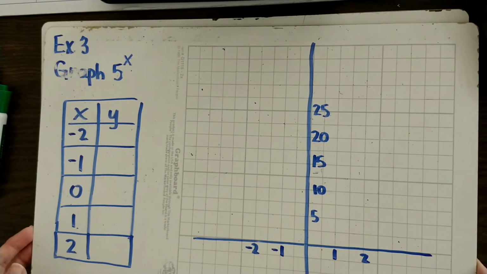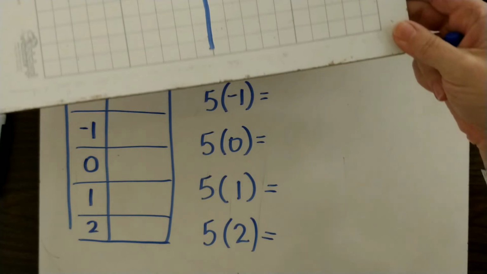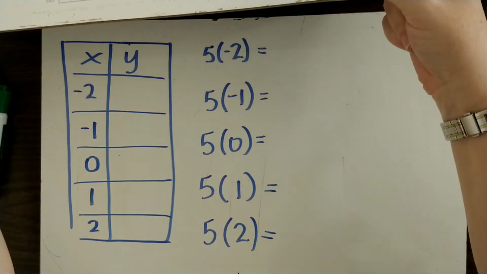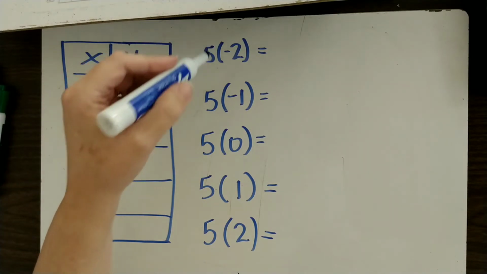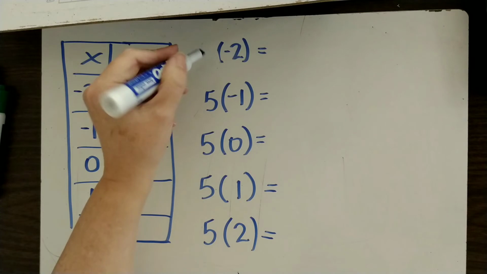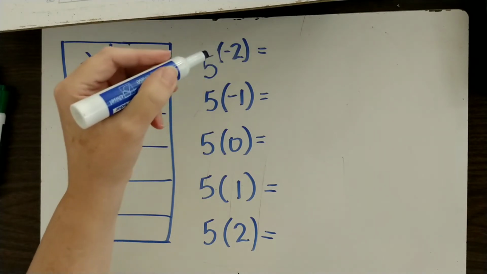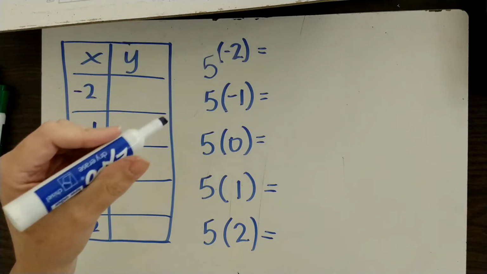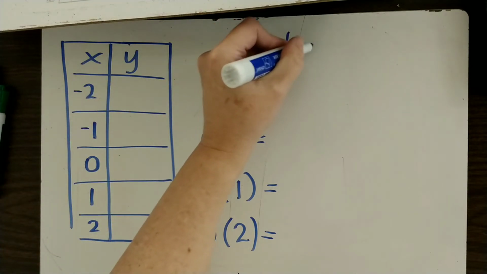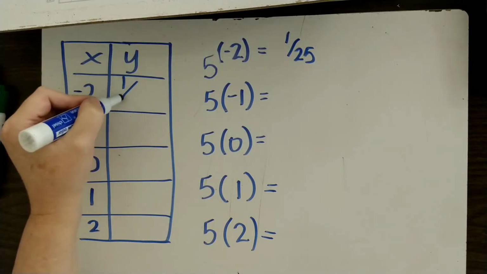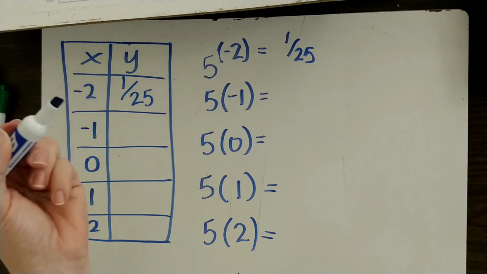So let's go ahead and do that. Make your table for 5 to the x power. Now, if we put in 5 to the -2 power, you're going to get 1/25. So fill that into your table.